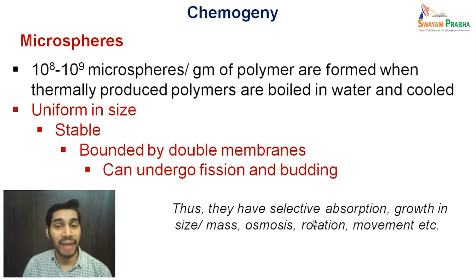Thus, they have selective absorption properties, selective permeability was there, the growth property was there, growth in terms of size as well as mass, osmosis was there, rotation was there, movements were there. So, these are all the living attributes which indicate that these protocells could have originated the first cells.